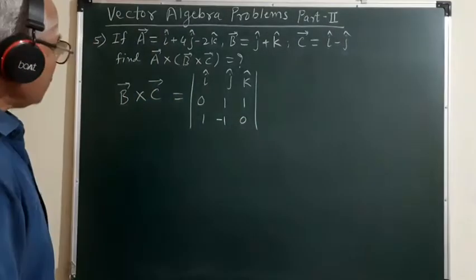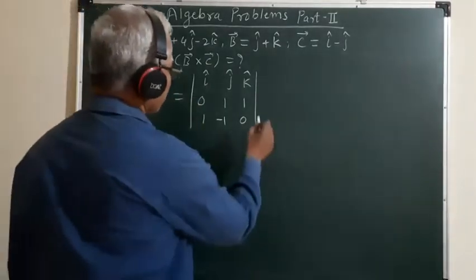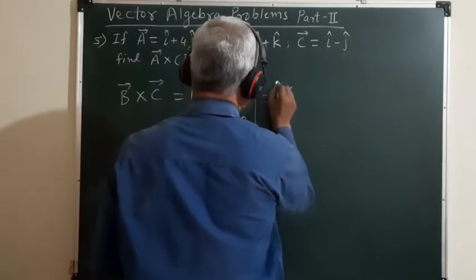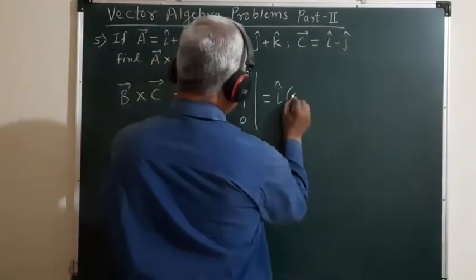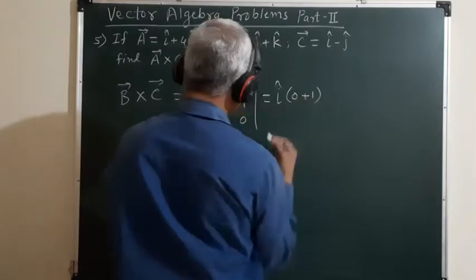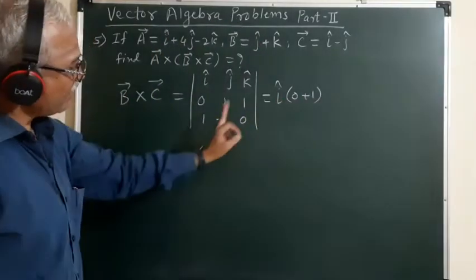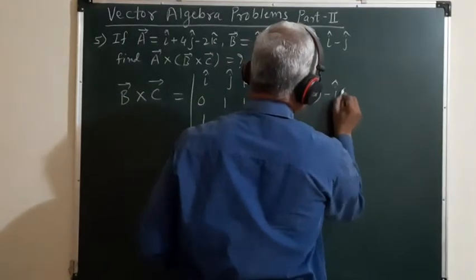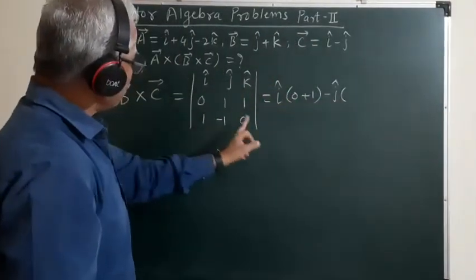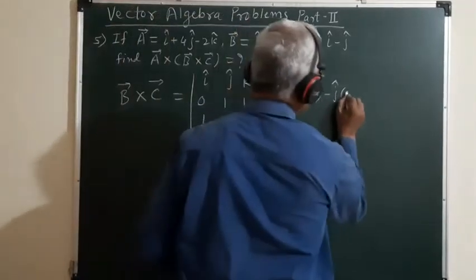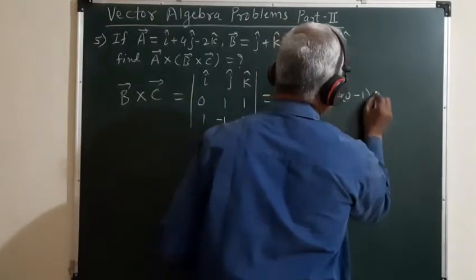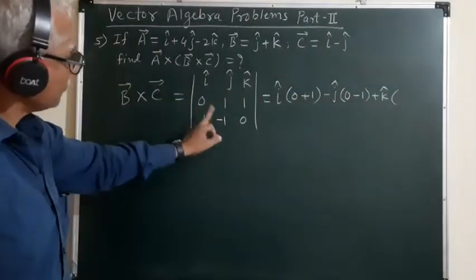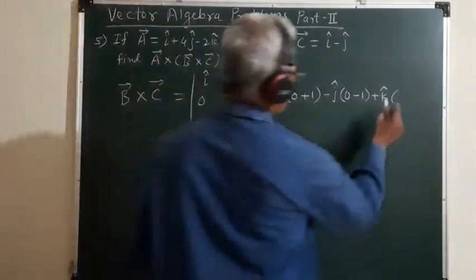So if we evaluate this determinant, it will give us i cap into bracket 0 plus 1, 0 minus minus 1, so it is 0 plus 1, minus j cap into bracket 0 minus 1, plus k cap into bracket, it is 0 minus 1.